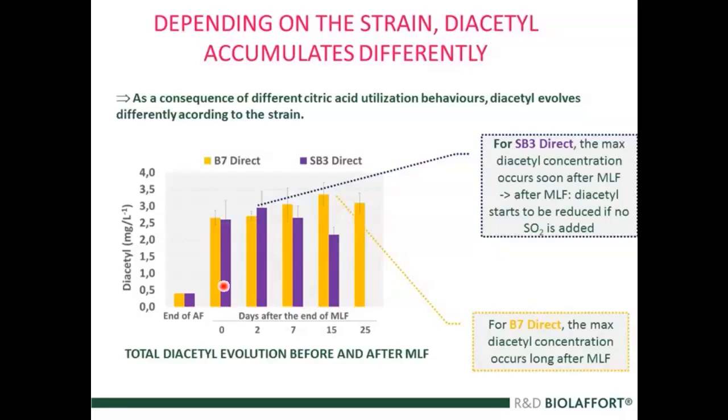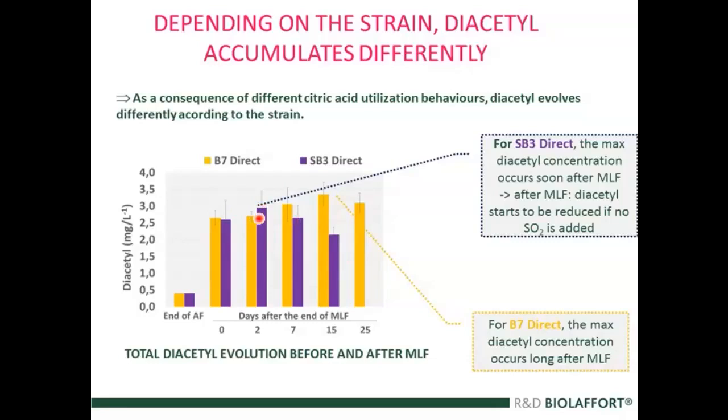And what you see is that for SB3, the maximum diacetyl concentration will occur very soon after malolactic fermentation, meaning that immediately after malolactic fermentation, diacetyl will start to be reduced.